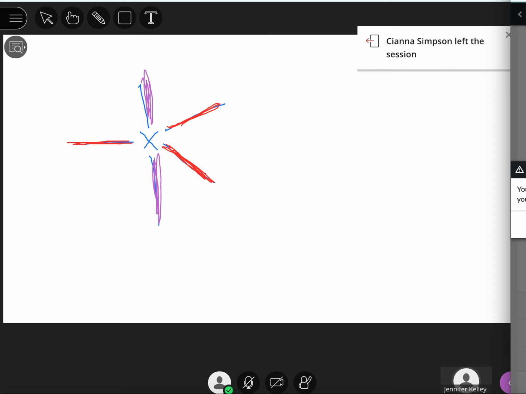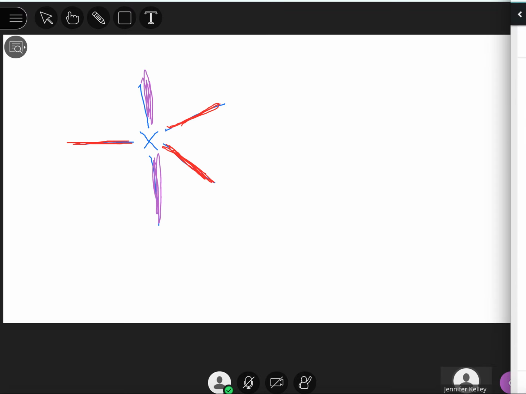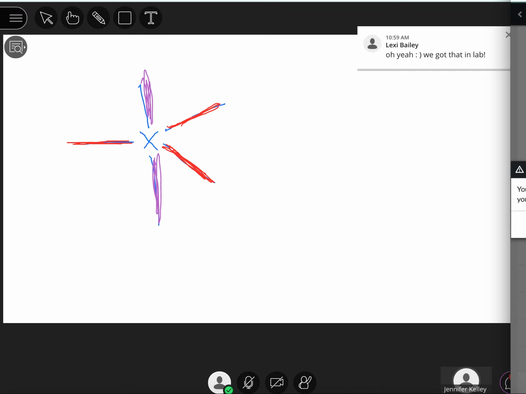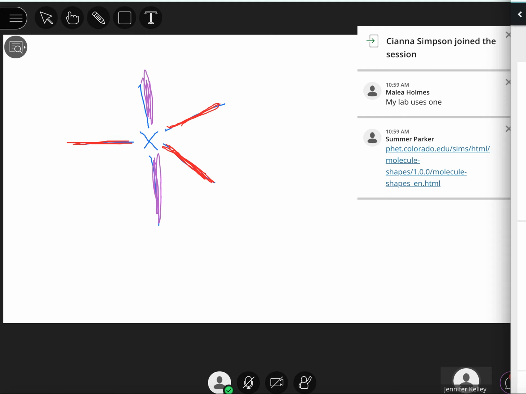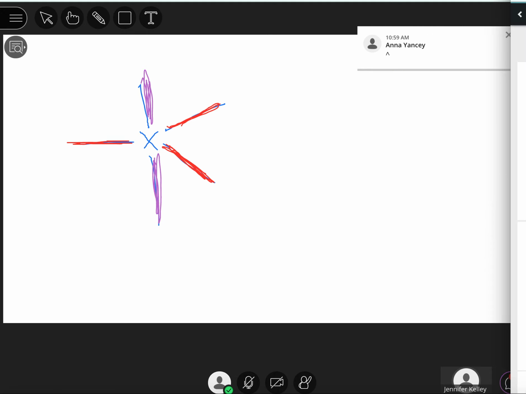In the study resources, I'll find a website where you can look at these and rotate them in space so you can get a better idea of what they look like. Because me trying to draw them in 3D, it's not going to give you a good spatial idea of what they are. But when you look at them in the program and you're able to rotate them in different directions, you'll be able to get an idea of the shapes of them.